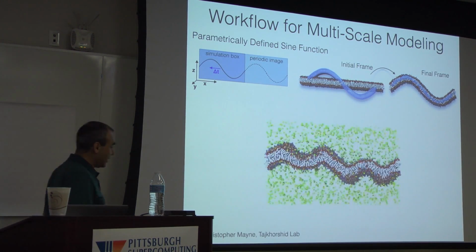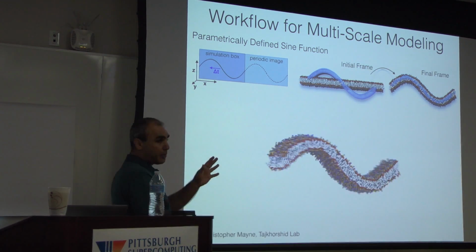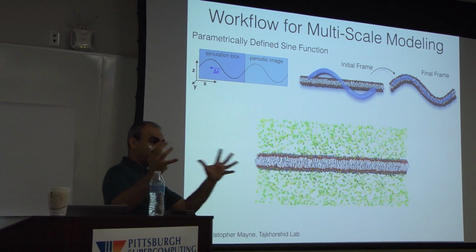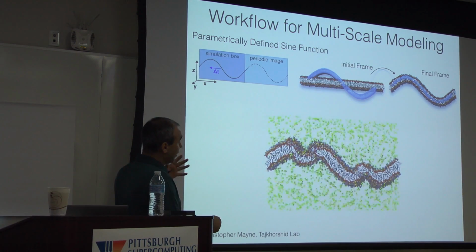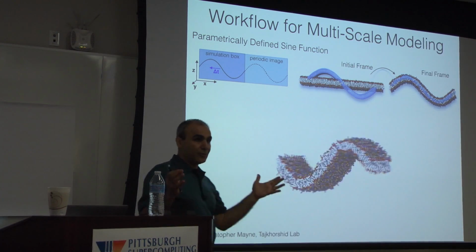So what we are doing here is to define, remember I told you about the external potentials that you can define as attractive potentials. So now I can design a shape transformation based on my favorite CAD program.